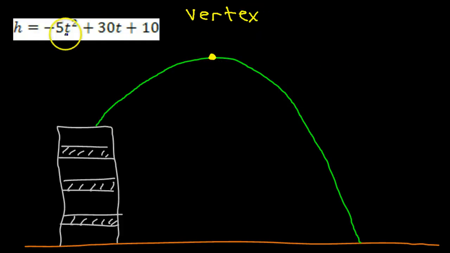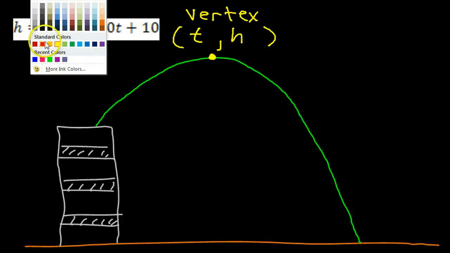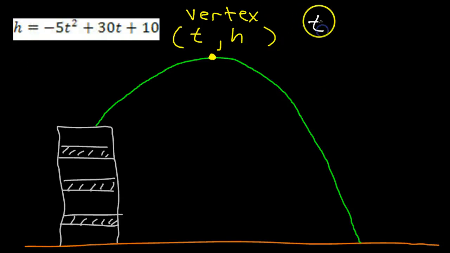Now, we know that to find the vertex of a parabola that's written out in standard form, we're going to be finding the x comma y, which in this case, instead of x, they're giving us a t for time, and instead of y, they're giving us an h for height. So if we want to find t, which is the x value of the vertex, that's going to be opposite of b over 2a. Let's do that.